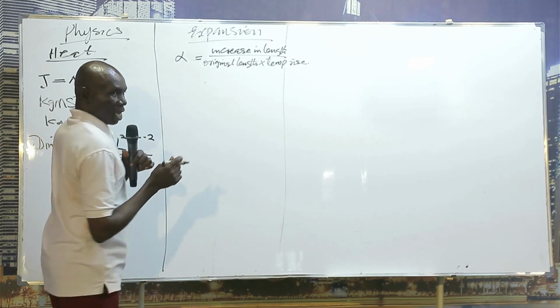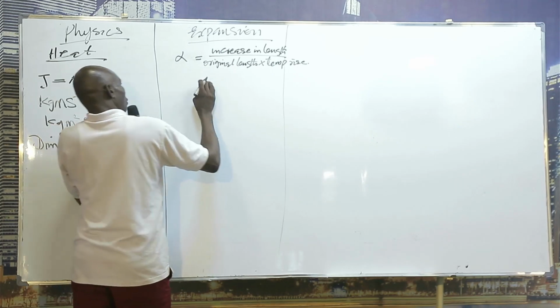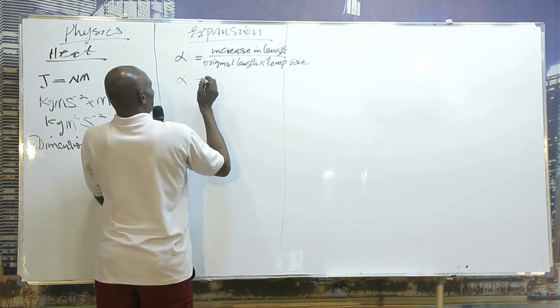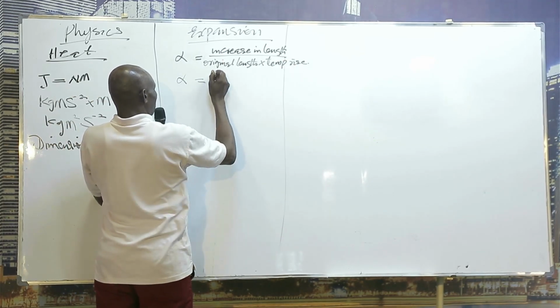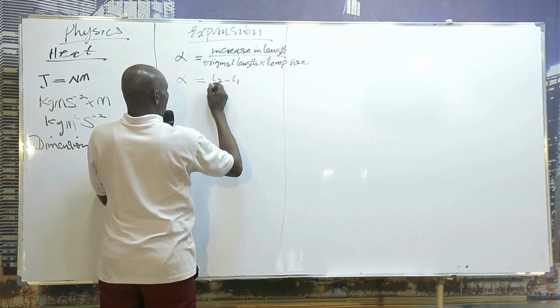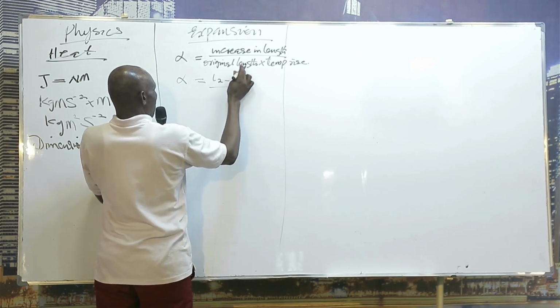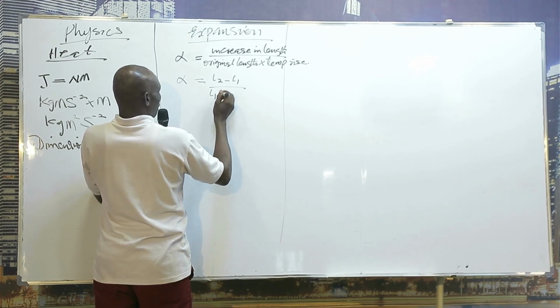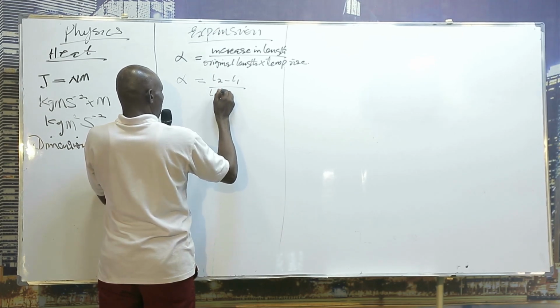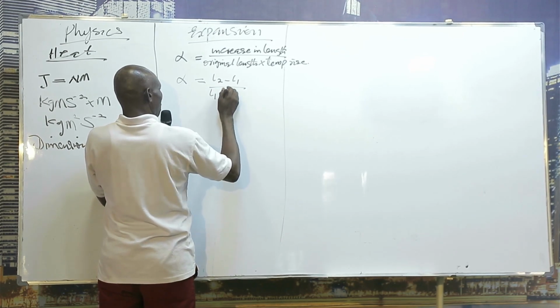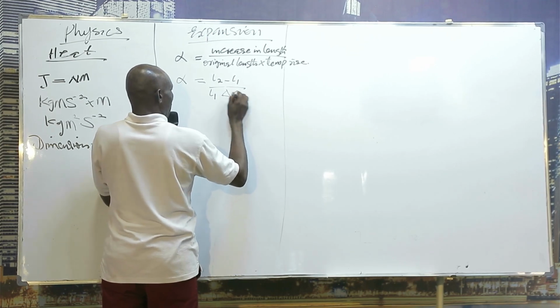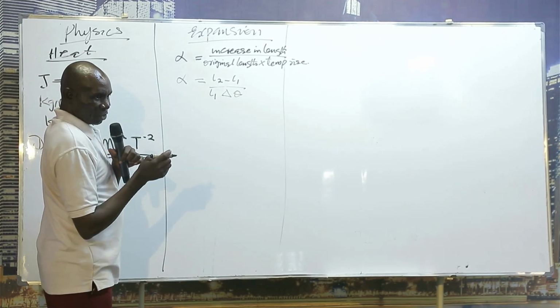Now this is what we have. And for us to use this mathematically, we say that the increase means L2 minus L1, the original length is L1, and the temperature change is delta theta.